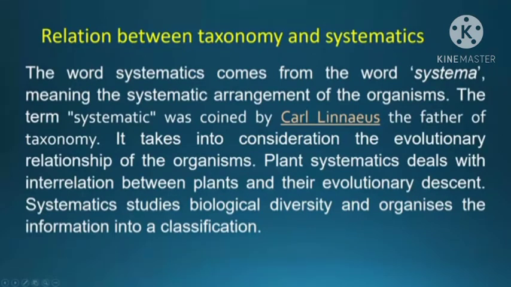The word systematics comes from the word systema, meaning the systematic arrangement of the organisms. The term systematics was coined by Carolus Linnaeus, the father of taxonomy. It takes into consideration the evolutionary relationship of the organisms. Plant systematics deals with the interrelation between plants and their evolutionary descent.